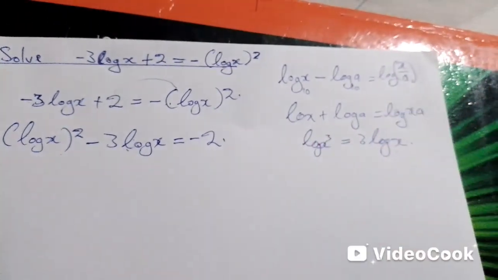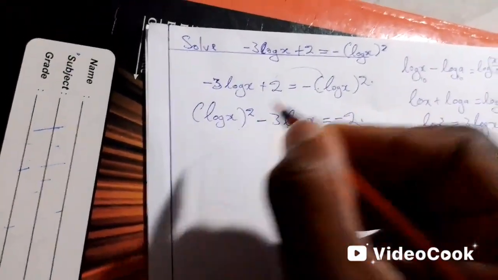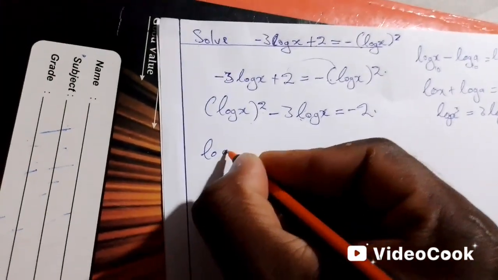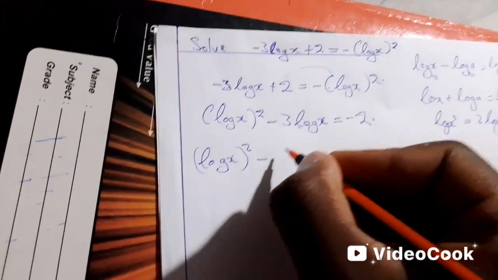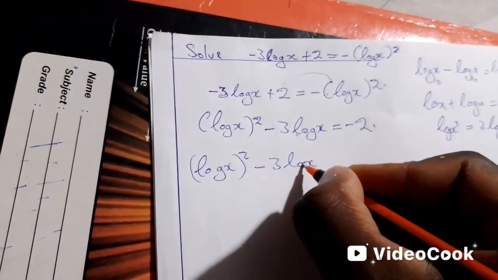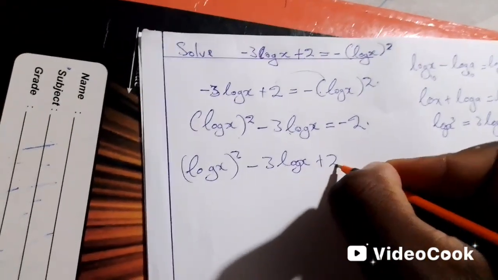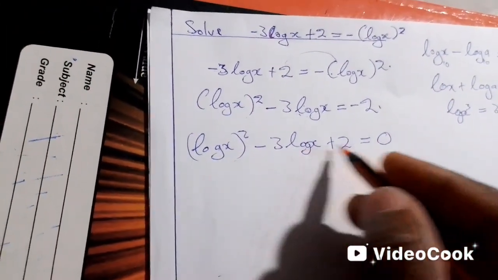Seeing the pattern properly, if I arrange it in another way, I get (log x) to the power 2 minus 3 log x, and then I bring this 2 here, which will be plus 2 is equal to 0. This looks like a quadratic equation.